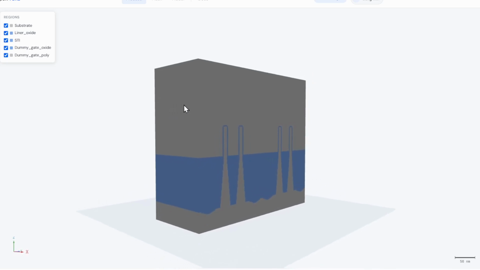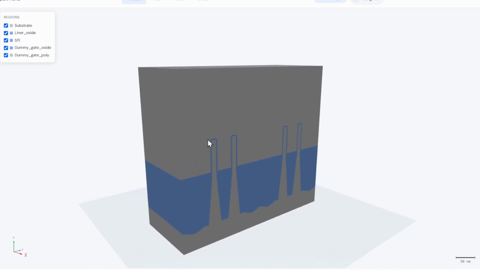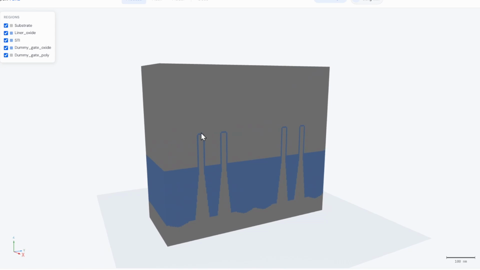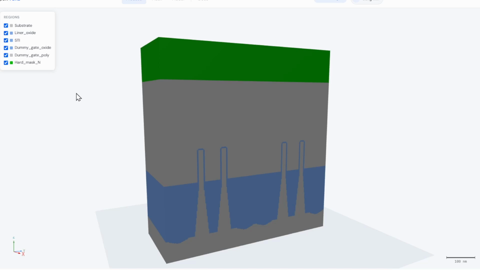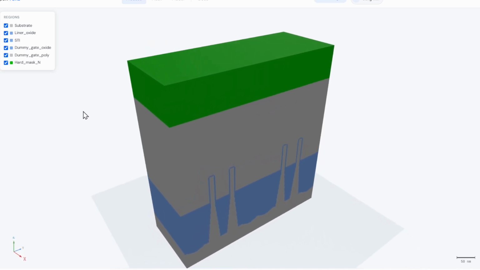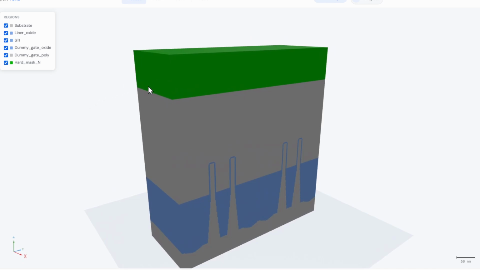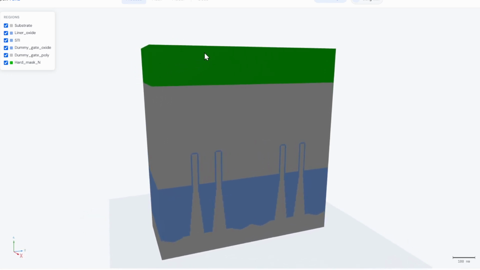So the planarization by CMP is done, and the assumed distance between this fin top to the dummy gate top is about 90 nanometer in this case. We will use two layers of hard mask, where the first one is silicon nitride, then later oxide, silicon dioxide, and the first one is nitride.